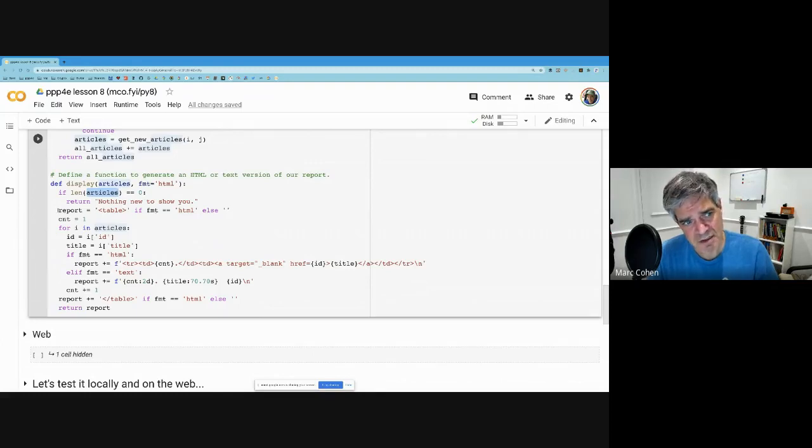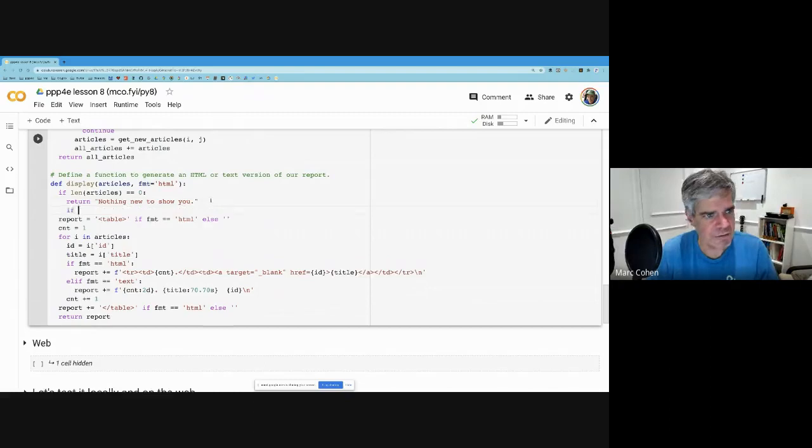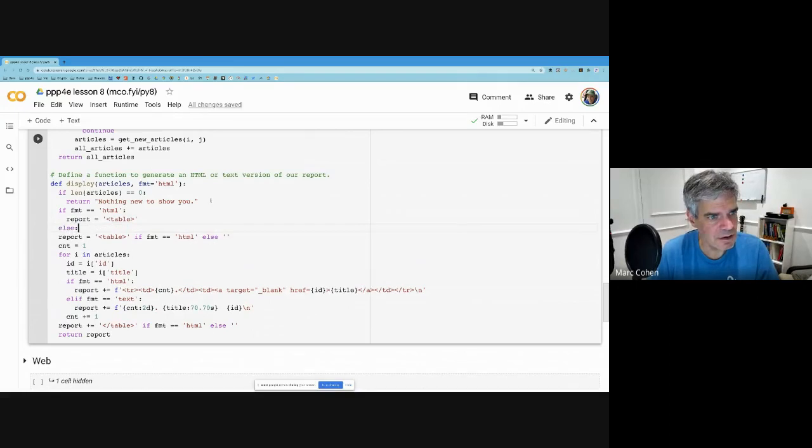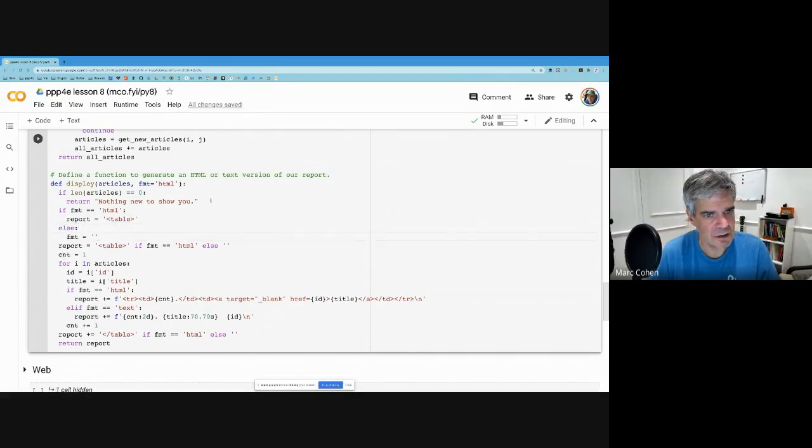Now, you haven't seen this particular version of an if statement. It's kind of like a one-line if statement. It's equivalent to saying: if format equals HTML colon report equals whatever, else report equals null.